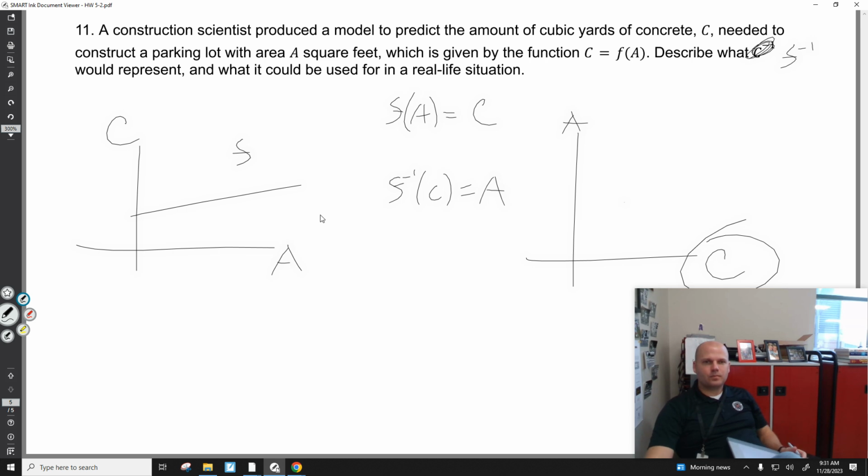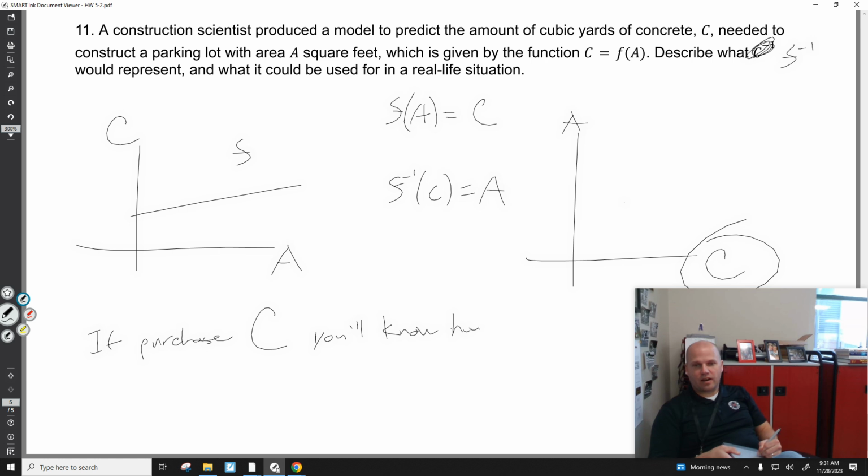So in a real life situation, if you purchase your cubic yards of concrete, you'll know how much area can be filled.